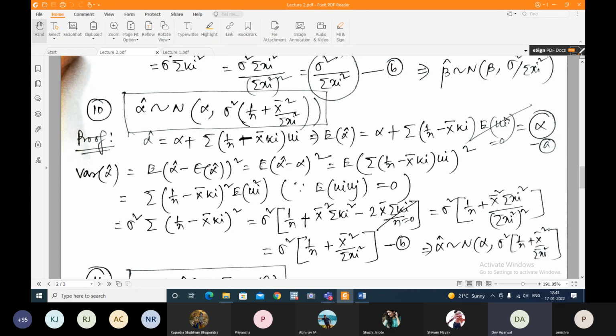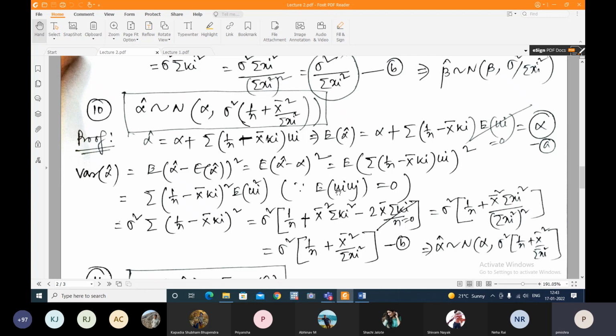I understood the expansion of it, but what will be (a+b) whole square? We are getting a lot of terms, right? We are taking only two terms, the others should be cancelled out, because when you are writing the 2ab part, it will be what? 1 by n minus x bar into k1 whole into u1.